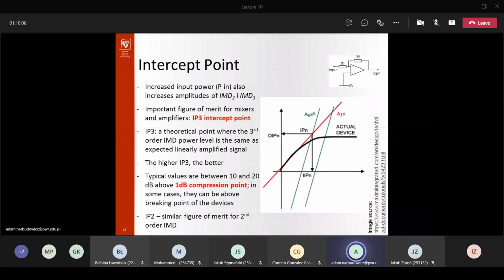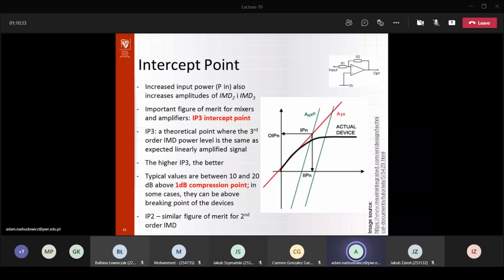In principle, when you look into many of the amplifiers, here we're actually discussing the situation when we are not doing any intentional modulation. We are just trying to amplify signal, and then the intermodulation can spoil the performance.